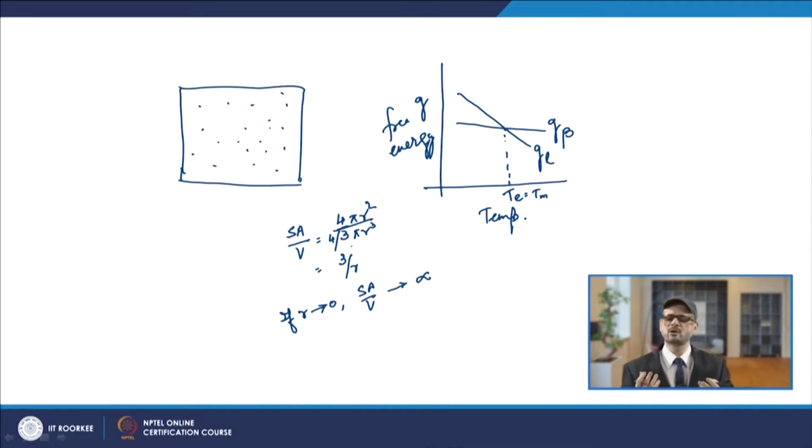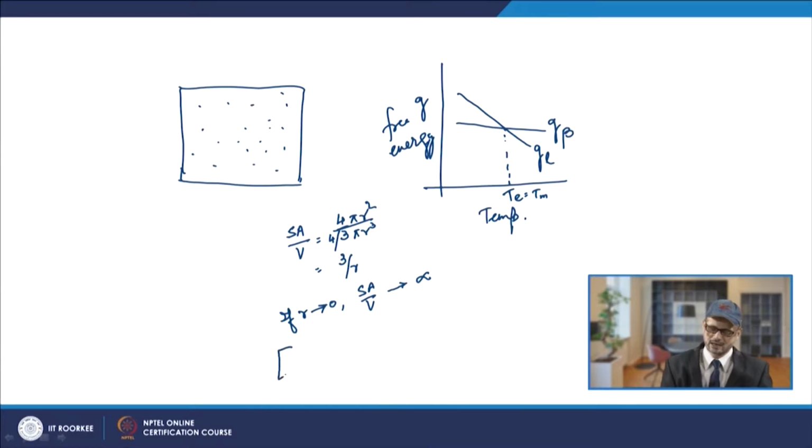If you talk about nucleation, you have two types of nucleation: homogeneous nucleation and heterogeneous nucleation.